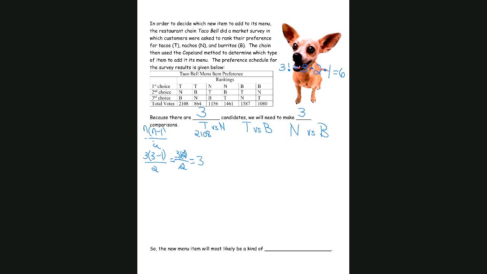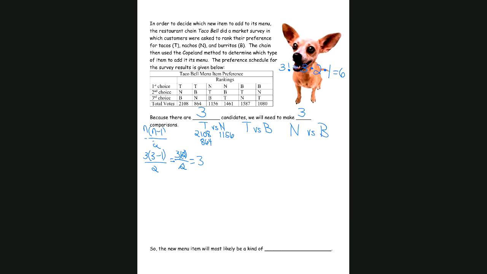Here, tacos is above nachos, so I'm going to give tacos the 864 votes. Here, however, nachos is above tacos, so nachos gets these votes. This really isn't difficult. It's a little tedious, though.